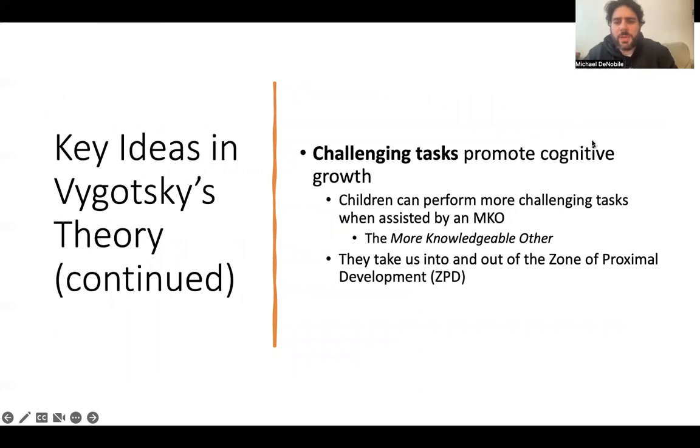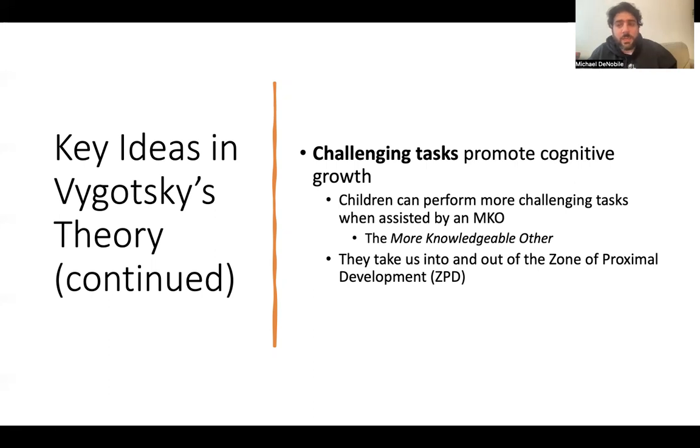Challenging tasks promote cognitive growth. So as we saw at the beginning with the zone of proximal development, children can perform. So when you read in the textbook, what the textbook says is oftentimes that tests don't really help us much in understanding the skill level of a child. It may show us the current skill level, but it doesn't show us the potential of where they can go.